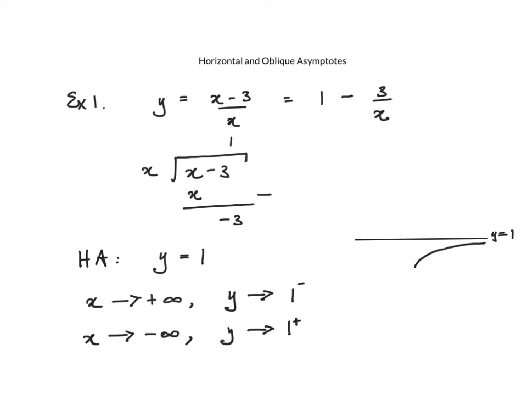Which is to say, as we travel in this direction here, the function tends to y equals 1 from above. Now we've dealt with the horizontal asymptote.